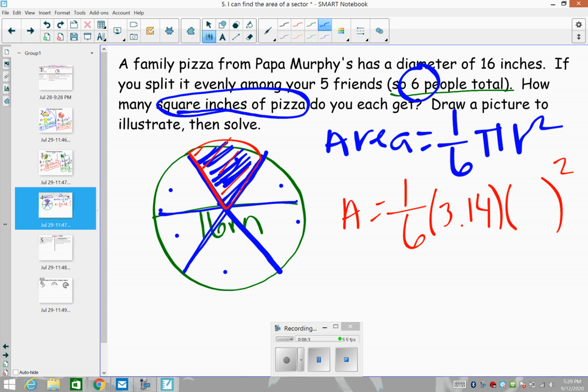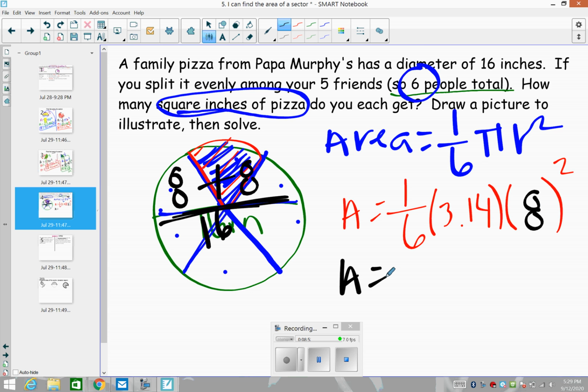Now the diameter of the pizza was defined way back here as 16. So 16 is really 8 plus 8. So the radius is 8. Plug that in. How much pizza does each person get? If you take 1/6, remember you can just divide that in your calculator. Just go 1 divided by 6 times 3.14 times 8 squared.